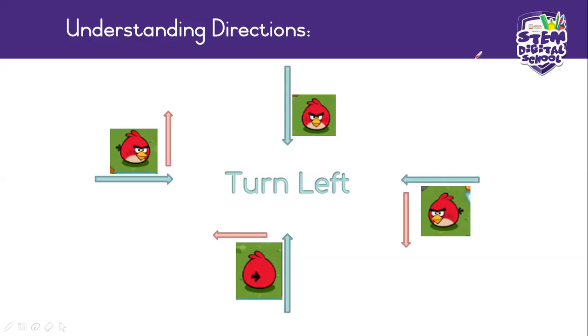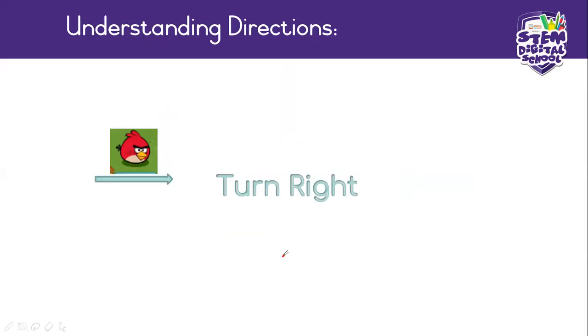Now the last one at the top here, when your angry bird is facing you, he's looking at you, and you tell him to turn left, he will be going this way. It's the opposite than this one. Right, do you see every time turn left is going to be a different way depending on where your angry bird is looking. Okay, let's see how it changes when we turn right.